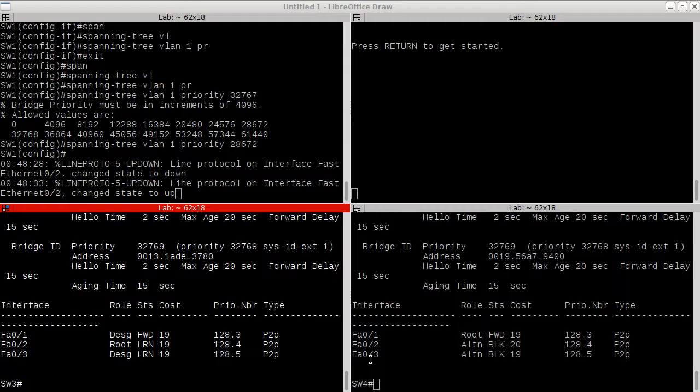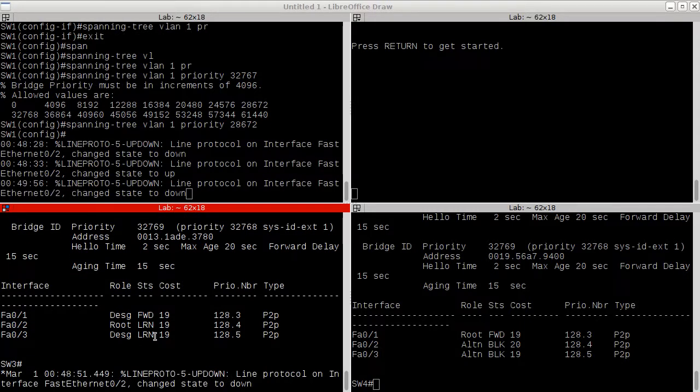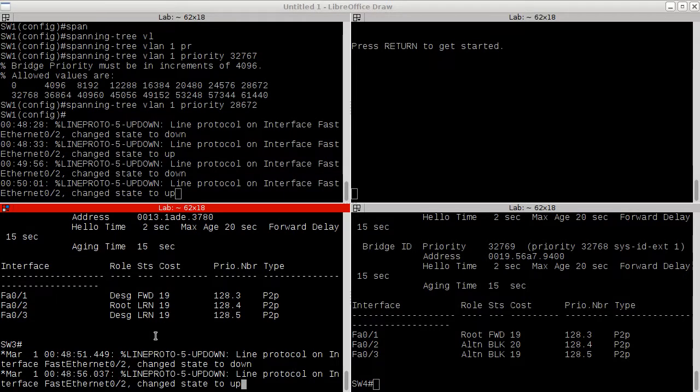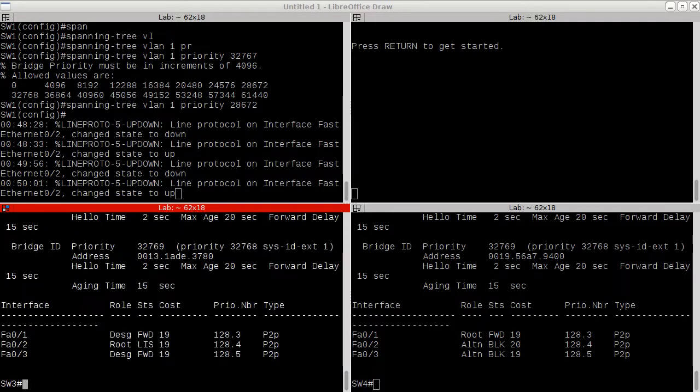I think this one has to do with the priority of the sending port. This is blocking because the sending port over here... I may have a bad cable there.